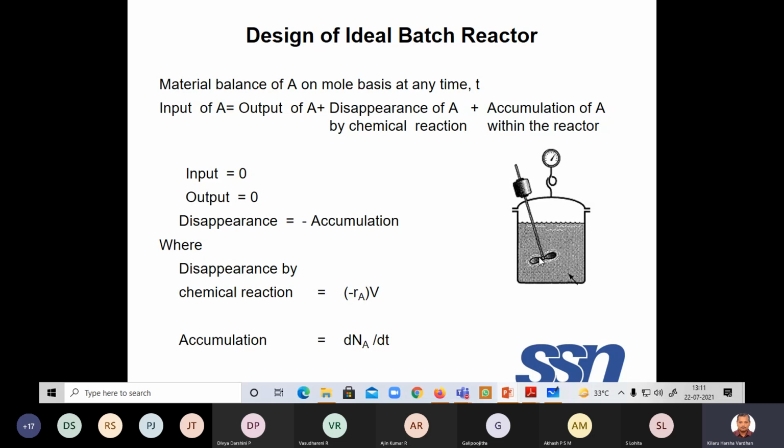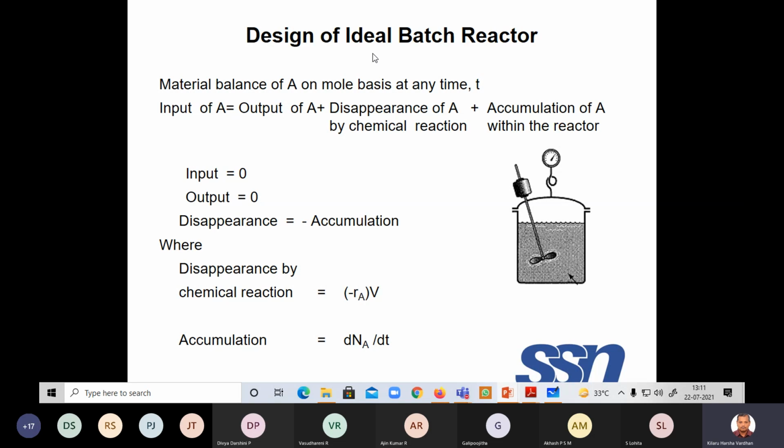You allow the raw materials to react inside the reactor for some amount of time. Say you keep it inside the reactor for 5 minutes. After 4 minutes, how much is the conversion? How do I know? That is what we will find by the design. That is otherwise called the performance expression.